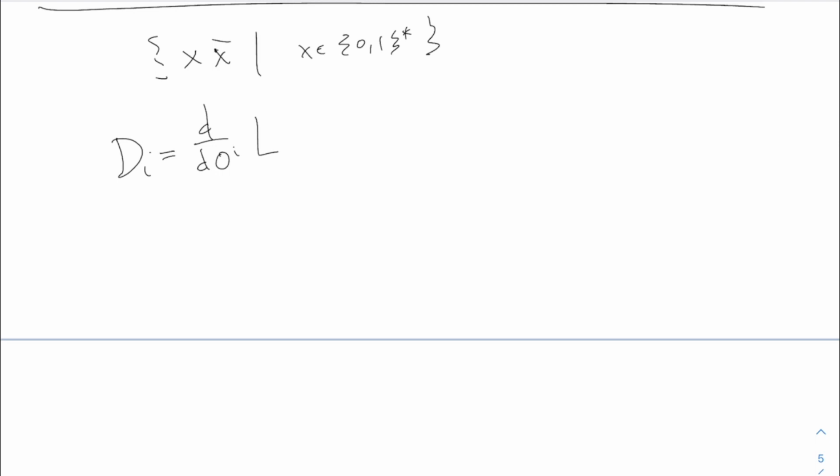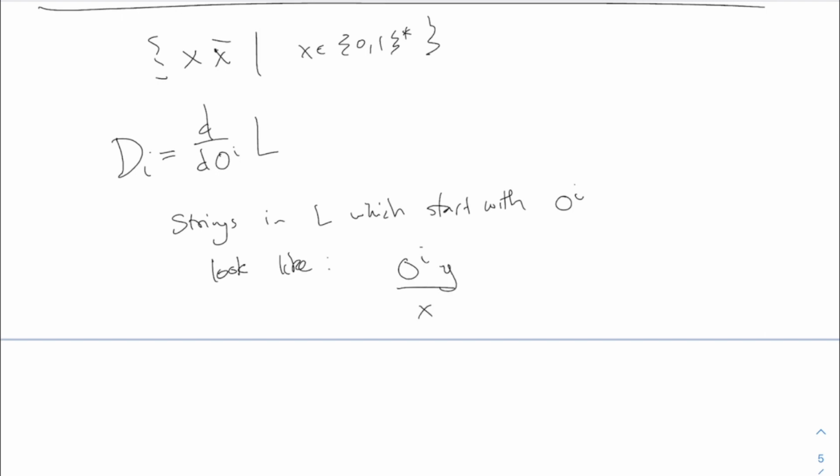So this is how I would have written it in the other ones. Strings in L which start with 0 to the i look like 0 to the i followed by some other stuff. That's the x part. And then here I want to write the x bar part. What does the rest of it look like? Anybody think this through? Yeah? 1 to the i, x bar.